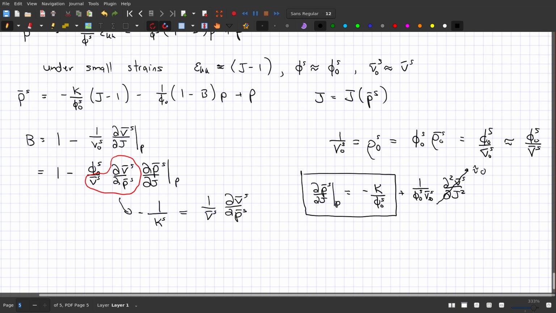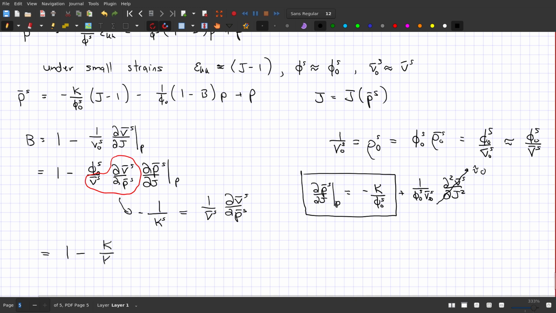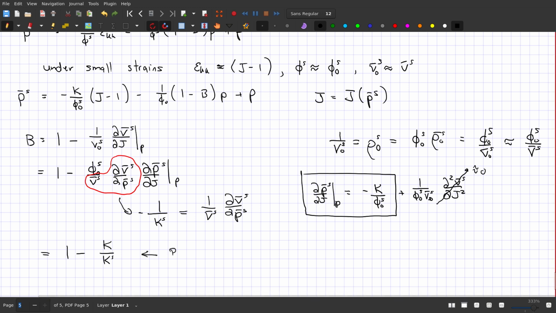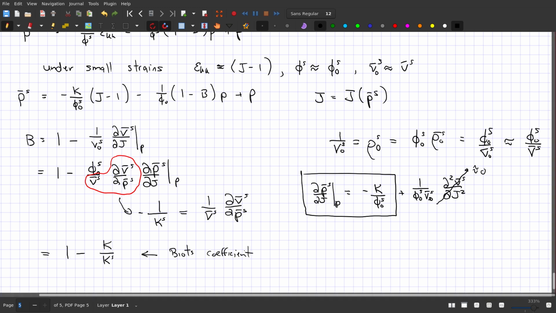Notice you have negatives in front of both of them, so the negatives cancel. And ultimately you're left with 1 minus K over Ks. This is also Biot's coefficient. And you can make mechanistic arguments that show this is mechanically exact for small strains.